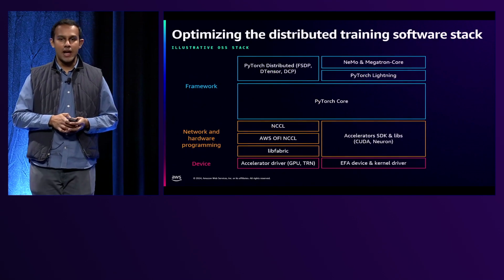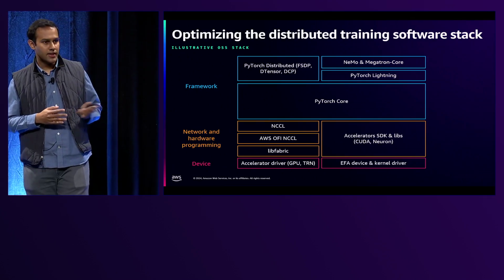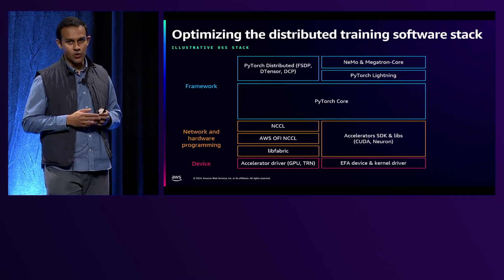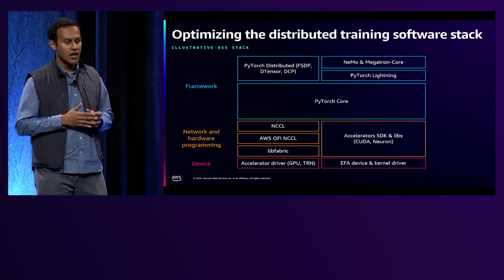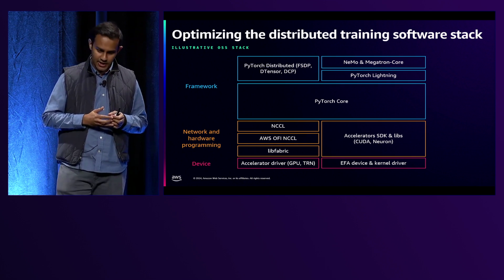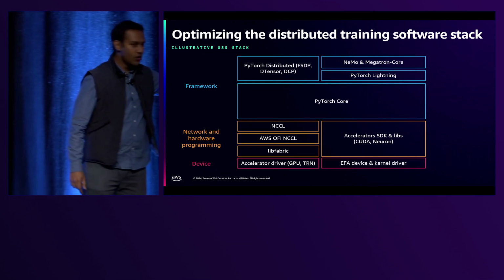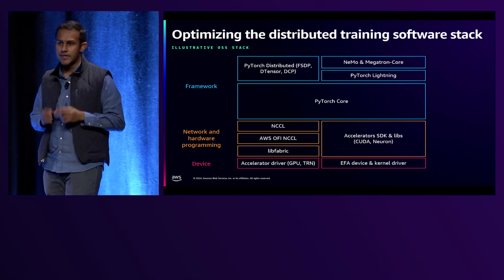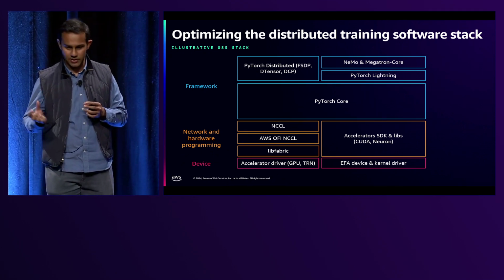So let's step back and think about how to optimize the distributed training stack. This diagram shows the breakdown of a distributed training stack that's typically built on open source. At the lowest layer, you've got the device. This is the accelerator device, which might be a GPU or a Trainium-based device.